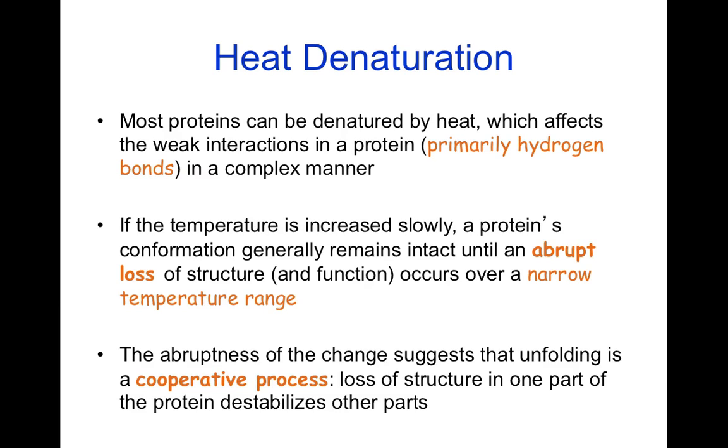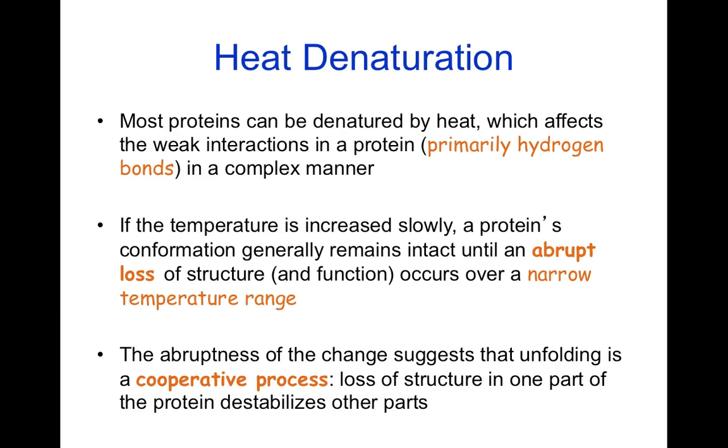If the temperature is increased slowly, a protein's conformation generally remains intact. So if we are increasing temperature slowly, we will not see denaturation happening gradually. What really happens most of the time is that there's suddenly an abrupt loss of structure and function, and it occurs over a narrow temperature range.